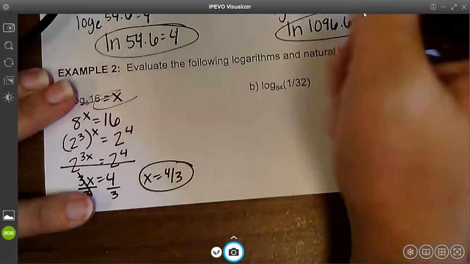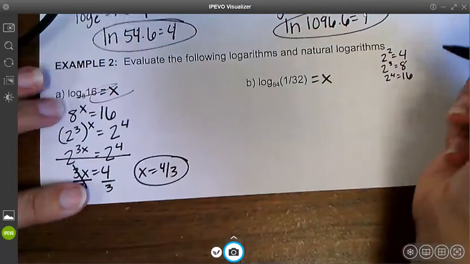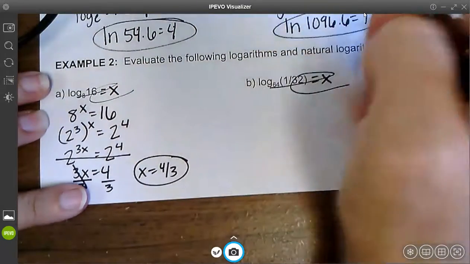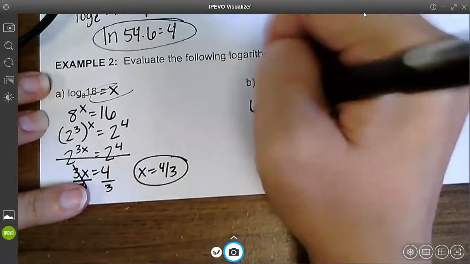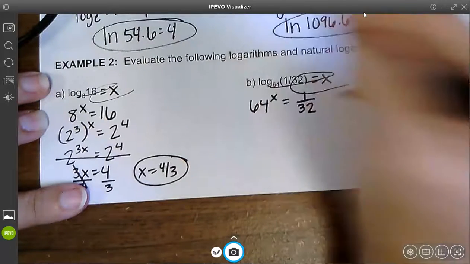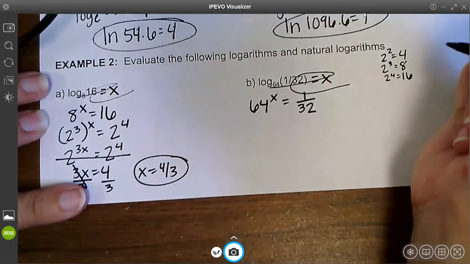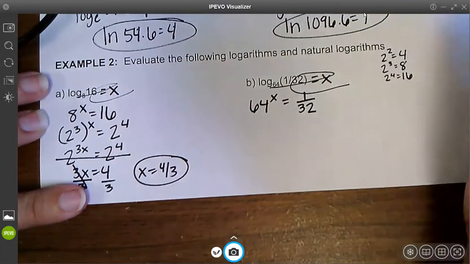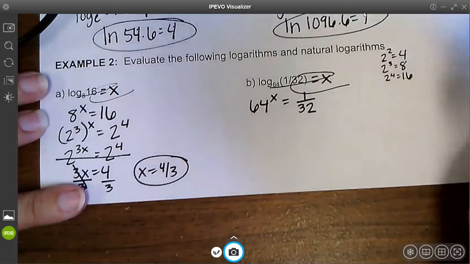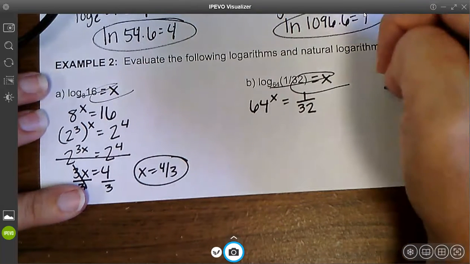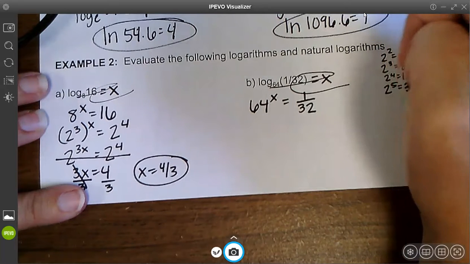The next one, we'll set that equal to x and convert it to exponential form. So I have 64 to the x equals 1/32. We're using our exponential rules here. 64 is 8 squared, it's 4 cubed, but it's also 2 to the 6th; 2 to the 5th is 32.